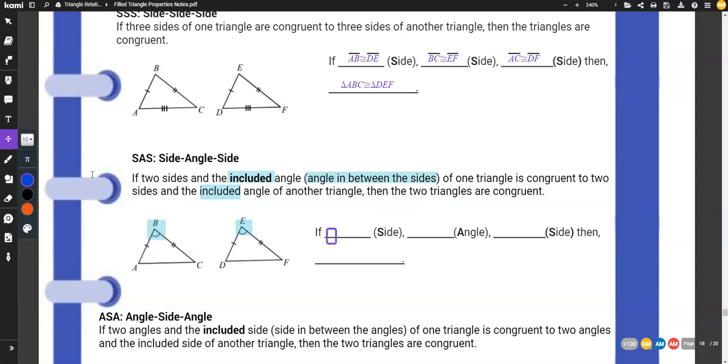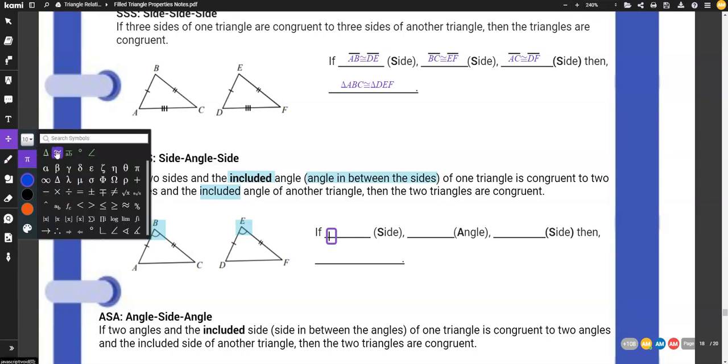So if segment AB, because it says a side, so we're doing a side, segment AB is congruent to segment DE, oh sorry, not DE, BC, and angle B is congruent to angle E, and segment BC is congruent to segment EF.